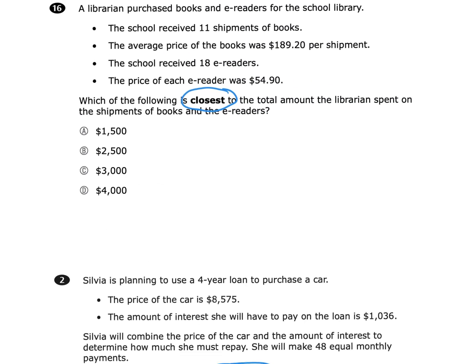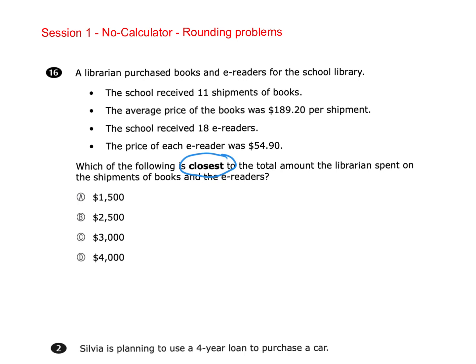Anytime you see those words in a problem, we can round the numbers in the problem so that they're a little bit more manageable to use. And when we're rounding, we're going to round to either the nearest 10, 100, or 1,000 because multiplying and dividing with zeros is much easier.